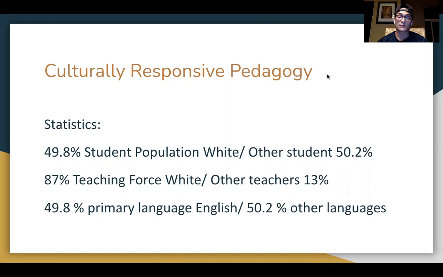And 49.8% are primary language English learners, while the other students, 50.2%, speak other languages. So even though we're in America, we find that there are more second language learners or speakers than primary English learners. So right there, we understand that we need to adapt and start using more student assets in learning.